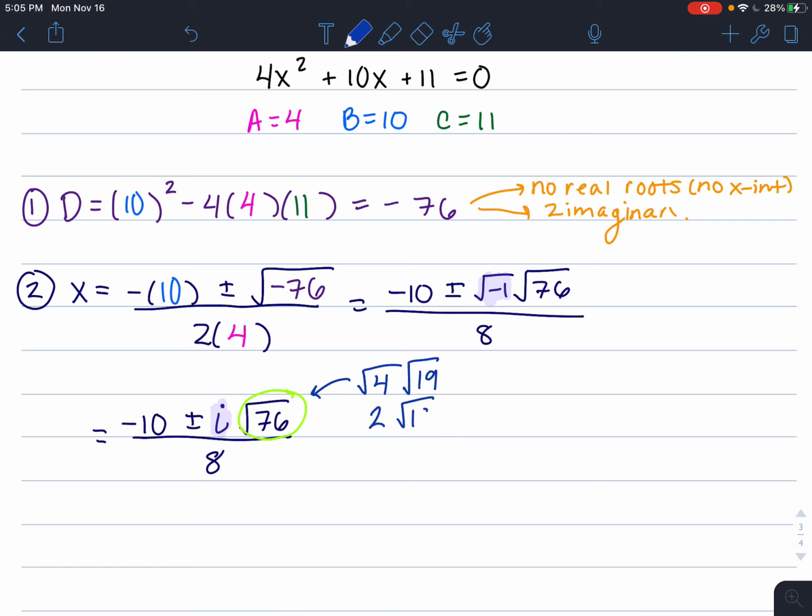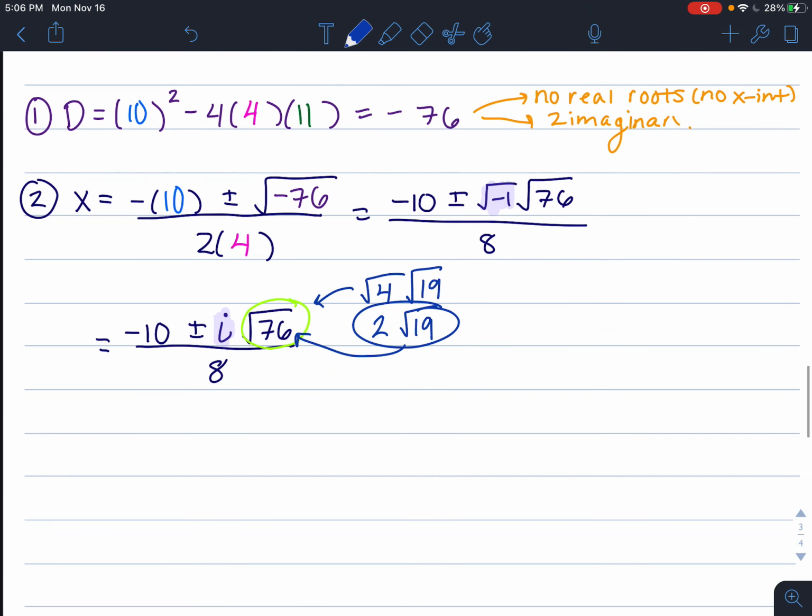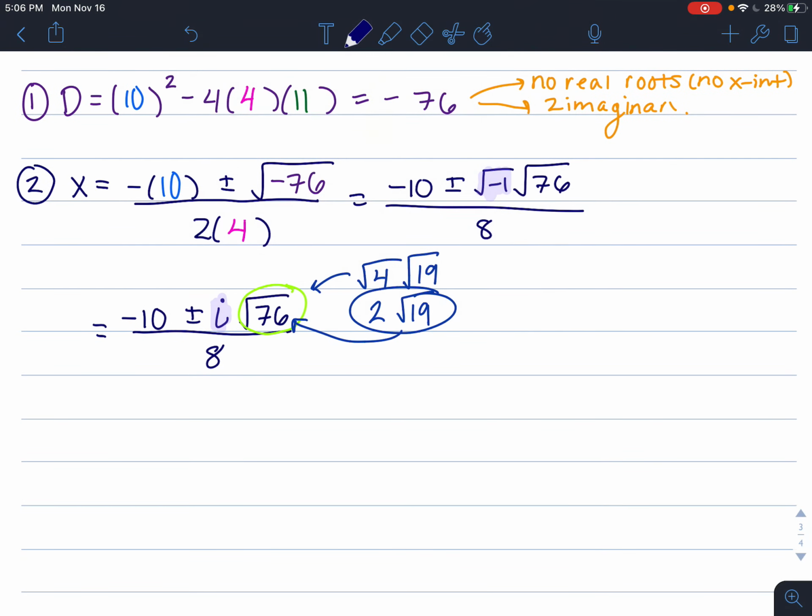And that's just going to become 2 times the square root of 19. So I'm going to take this whole thing and put it in place of my square root of 76. So now I'm going to get that this is still x equals negative 10 plus or minus 2i square root of 19 all over 8. Just rearranging the 2i and the square root of 19, putting it in the proper order.